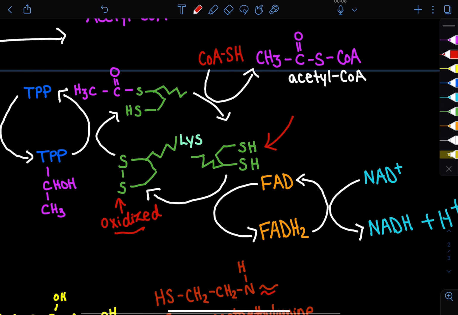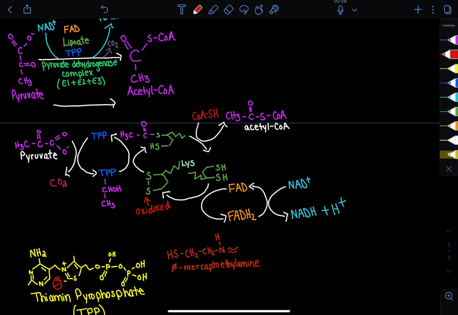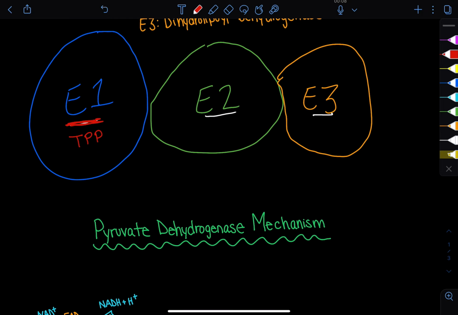We have to oxidize it through an electron carrier, and that electron carrier is known as FAD. And FAD is found on the 3rd subunit of the pyruvate dehydrogenase enzyme. So if we go back and look at our enzyme depiction, we had TPP over here, we had lipoate on this one, and lipoate consisted of lipoic acid and lysine.